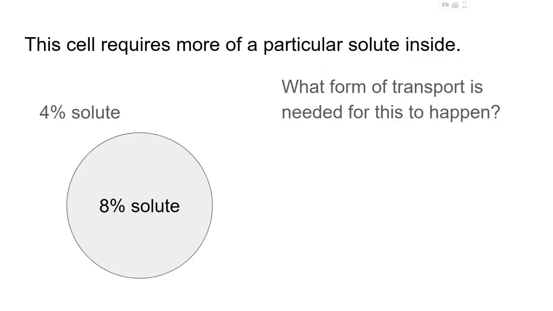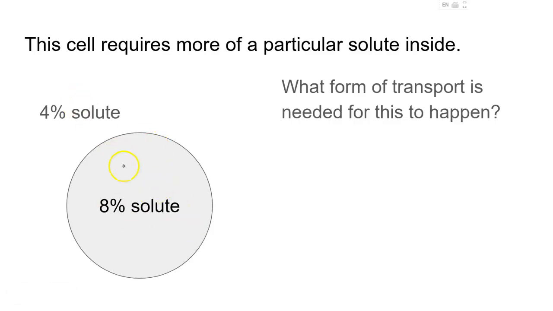Here's an example of a question that you might see with active transport. This cell requires more of a particular solute inside. Inside the cell we have 8%. Outside the cell we have 4%. So we need some of this to go inside the cell. We are working against the concentration gradient. It is unnatural, right, for the 4 on the outside to move in, because there's already more in here.